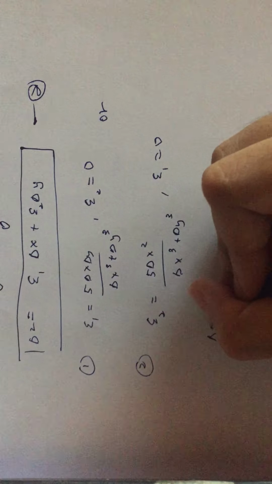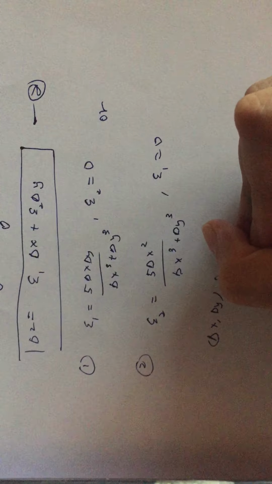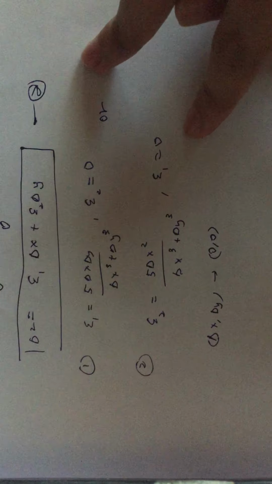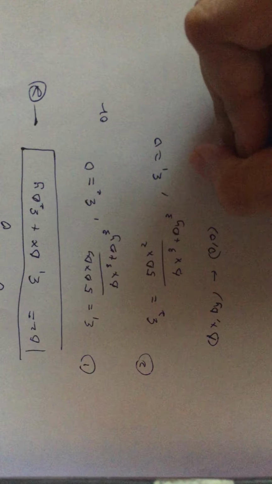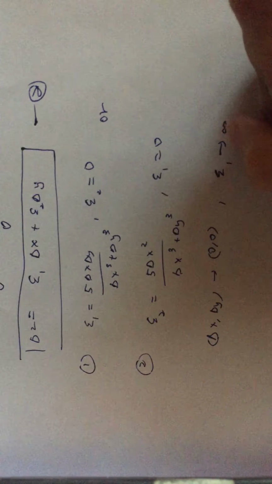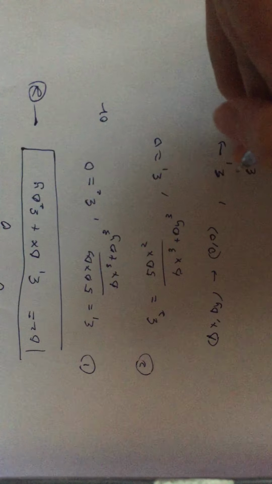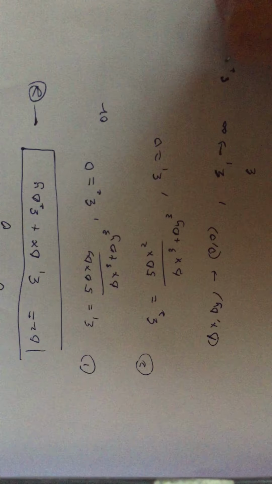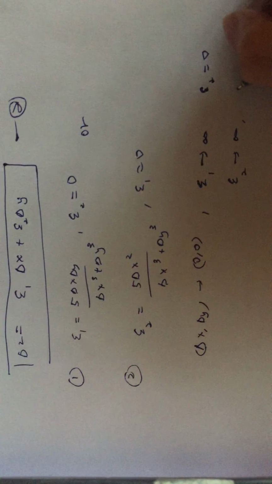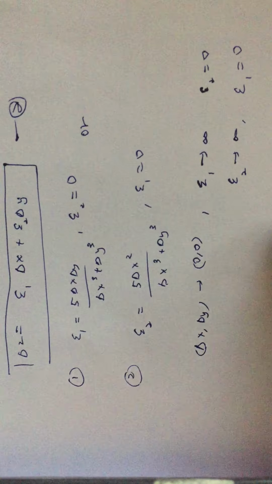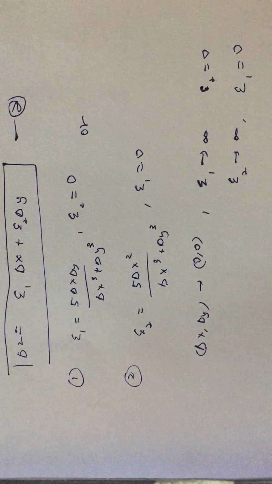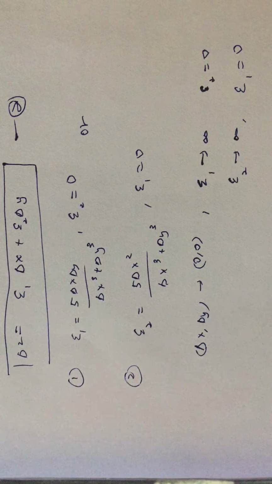So kalau kita try masukkan delta x delta y equals to 0, 0 dalam these two case, actually kita akan dapat epsilon 1 goes to infinity for first case, and then we have epsilon 2 is equals to 0, and then for the second case, epsilon 2 goes to infinity and epsilon 1 equals to 0. So maksudnya this one goes to infinity, so dia not equals to 0. So maksudnya function ni tidak terbezakan dekat titik 0, 0.